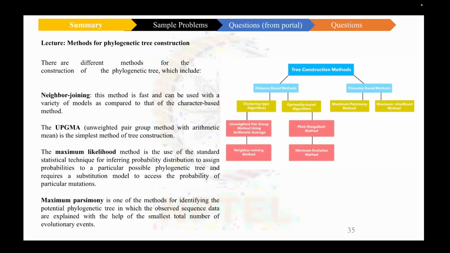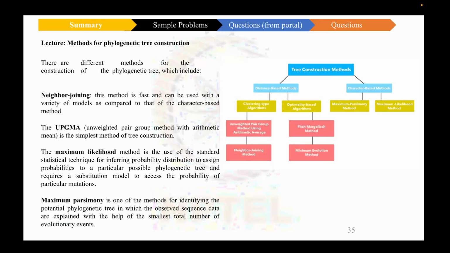First one is neighbor joining. Neighbor joining is a distance-based method that constructs a tree by iteratively joining pairs of sequences that are most similar, that is, which have the smallest pairwise distances, until a complete tree is formed.